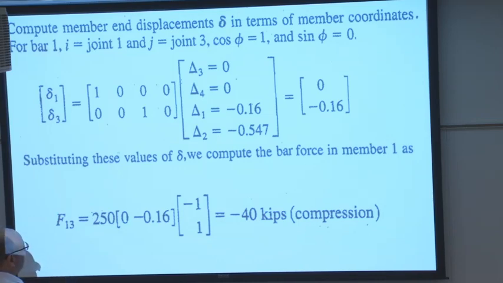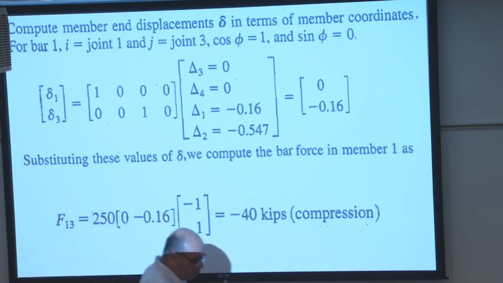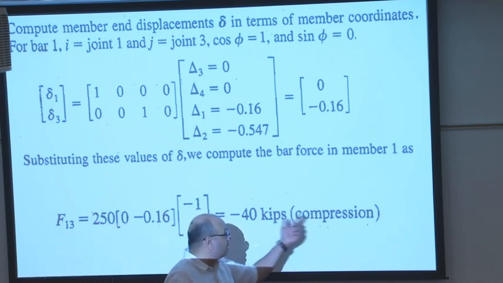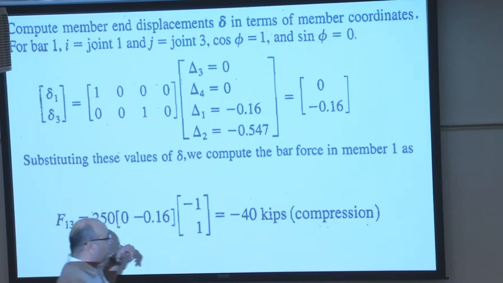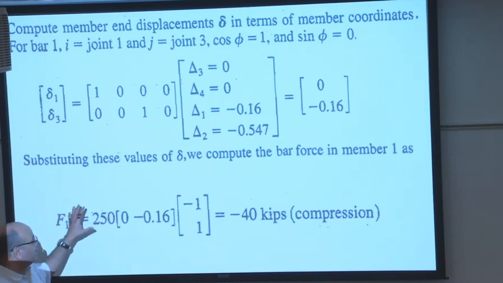And then you can find the force using the equation that we have for the member force, and that will give you the member force. It turned out that the bottom member, the horizontal member, is subject to compression of 40 kips with a negative sign, and that is exactly how you can find it.